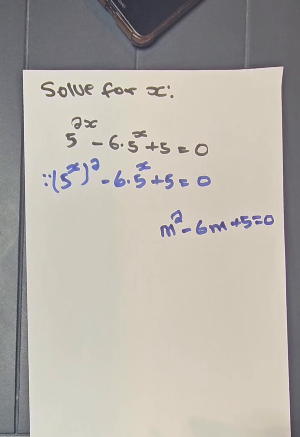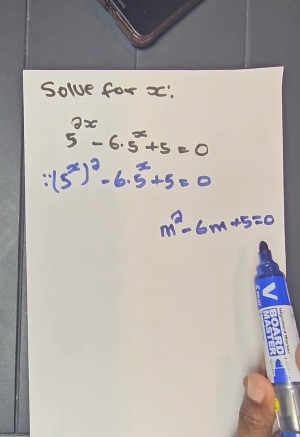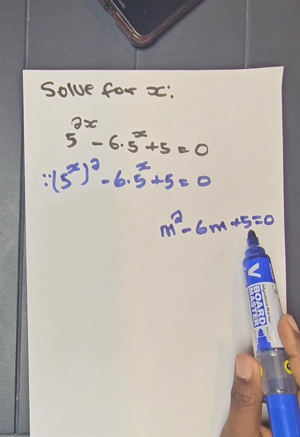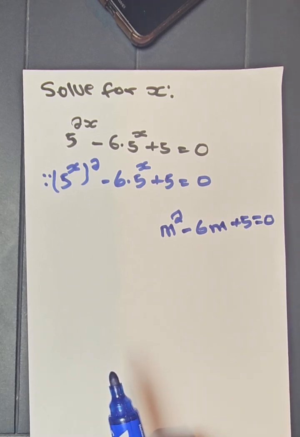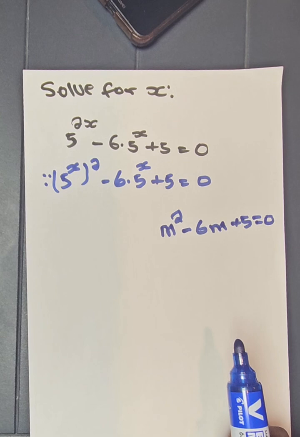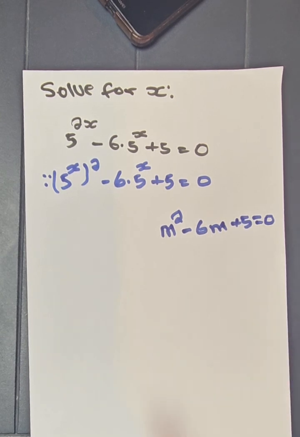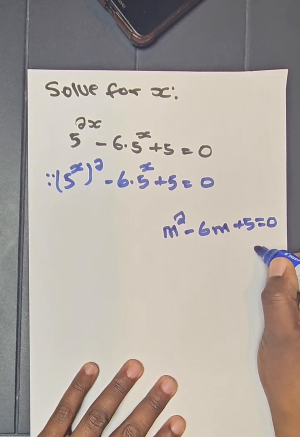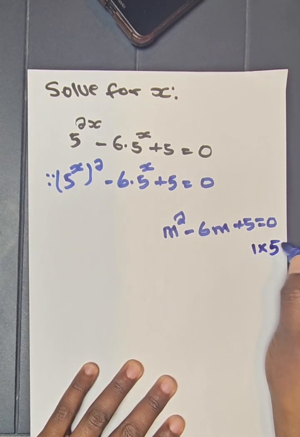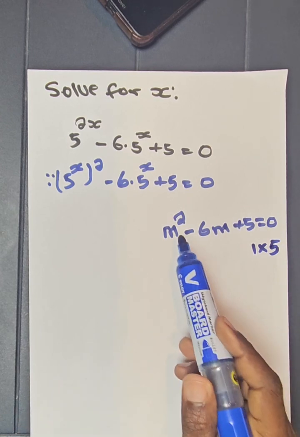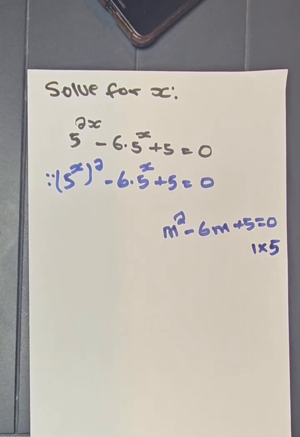In order to factorize this, let's look at our constant term, plus 5. And we need to find a way that we can get negative 6 using the constant term. The constant term has got factors. One of the factors it has is 1 times 5. So 5 can be written as 1 times 5. The coefficient of m squared is only 1, so ignore it.